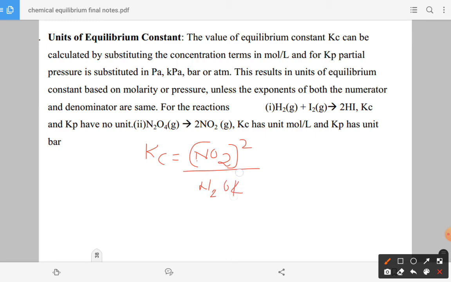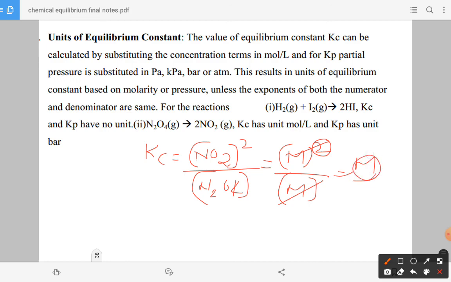Here we have molarity squared divided by molarity, so 1 molarity gets cancelled, leaving only molarity. So the units of Kc are molarity.